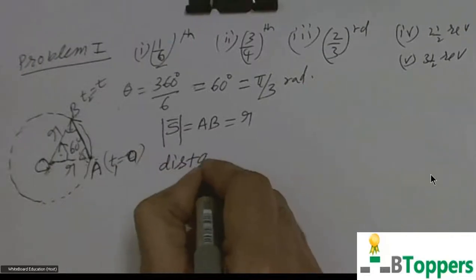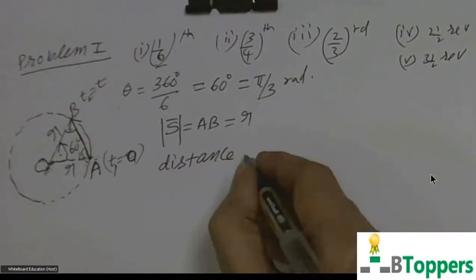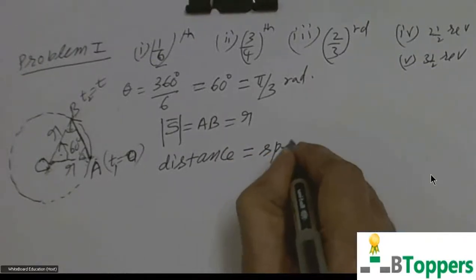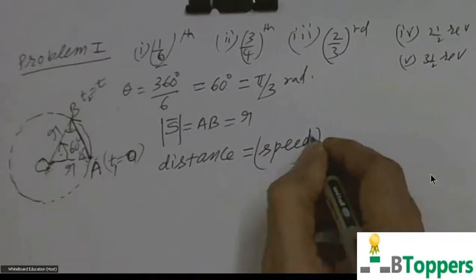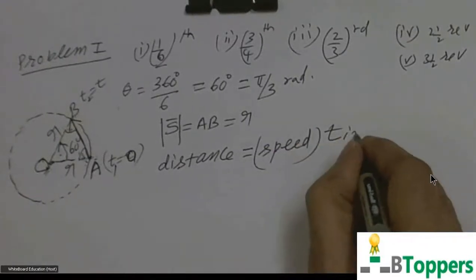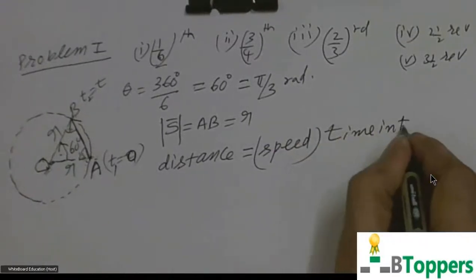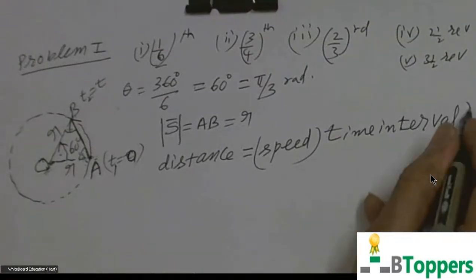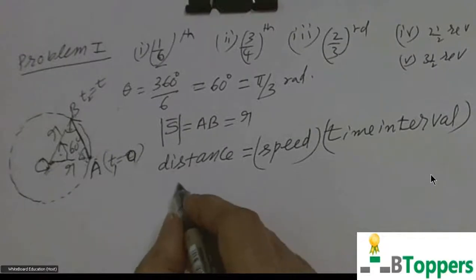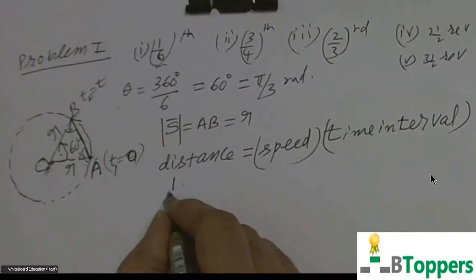If the particle moves with uniform speed, then the distance covered by the particle is equal to speed of the particle multiplied by time interval.